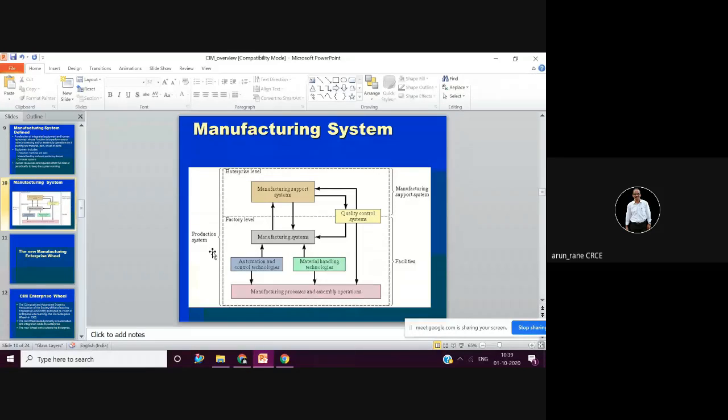So the traditional approach was that everybody would work as an individual, independently. The sales and marketing people would get the order because they had been given targets by the top management. They would not ask the design people or purchase people or production people whether the order they took can be manufactured or not.